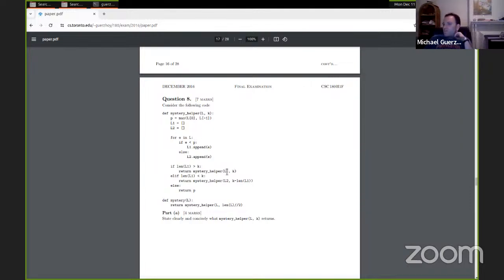And P is just some number that was picked, maybe L at 0, maybe L at -1, the larger of them.